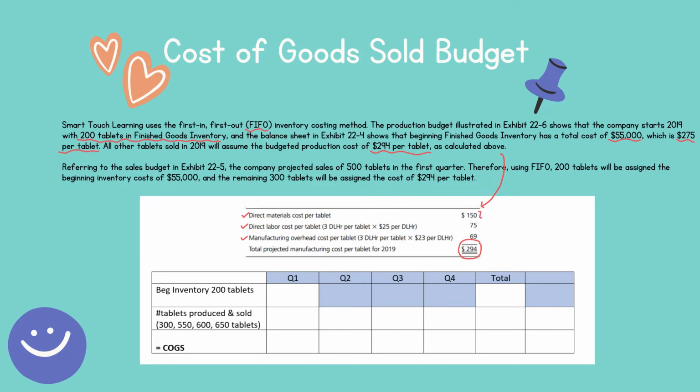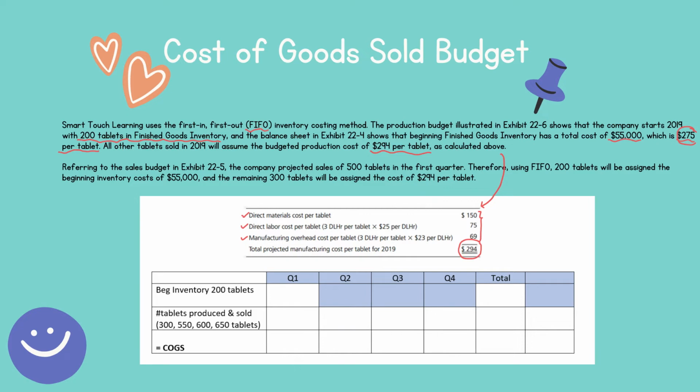Now if we add them up, we're gonna get the product cost or the manufacturing cost per tablet, which is $294. Okay, so in 2018 the cost was lower, it was $275. Now it's $294.